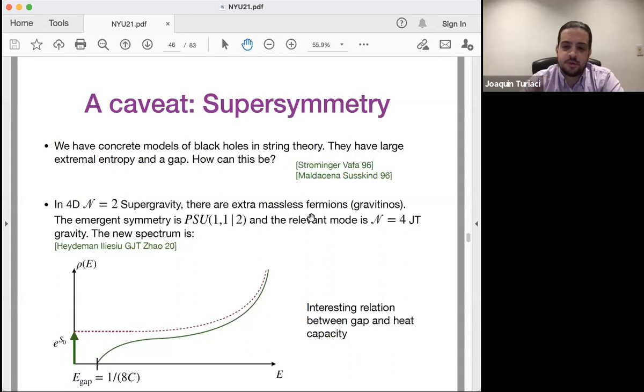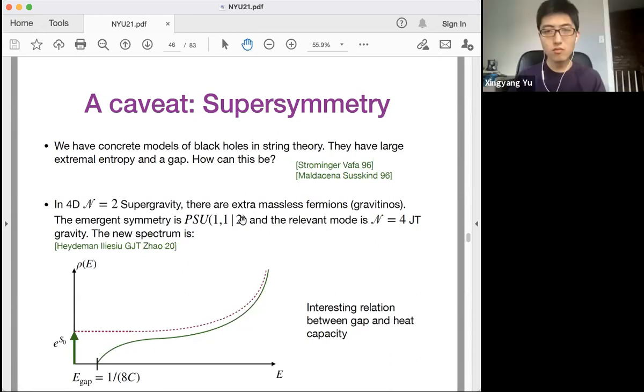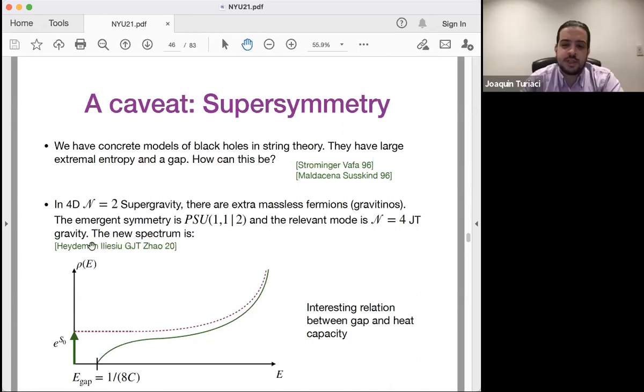And then when you reduce to 2D, it is N=4 in 2D, and it has 4 supercharges. And the emergent superconformal group has actually 8. This PSU(1,1|2) has 8 supercharges, but half of them are broken when you break the superconformal group.